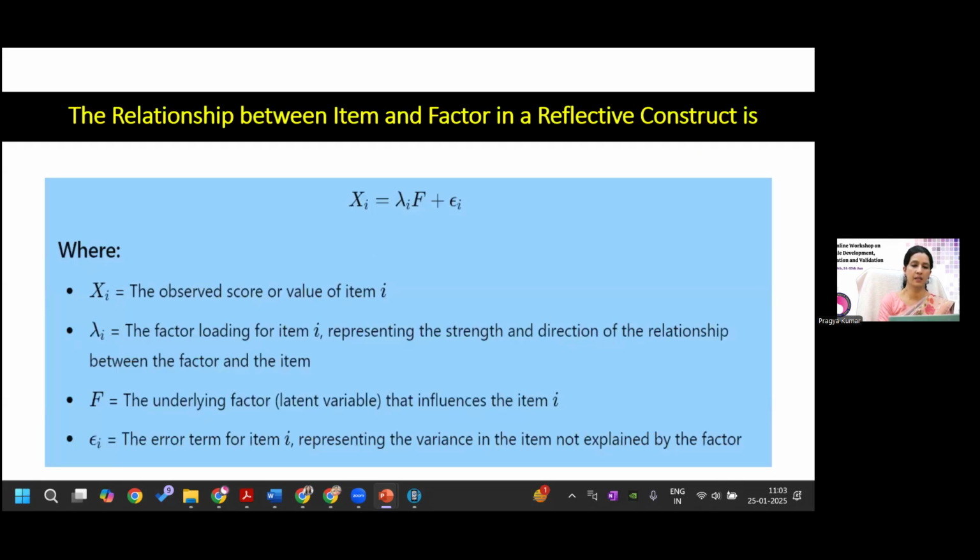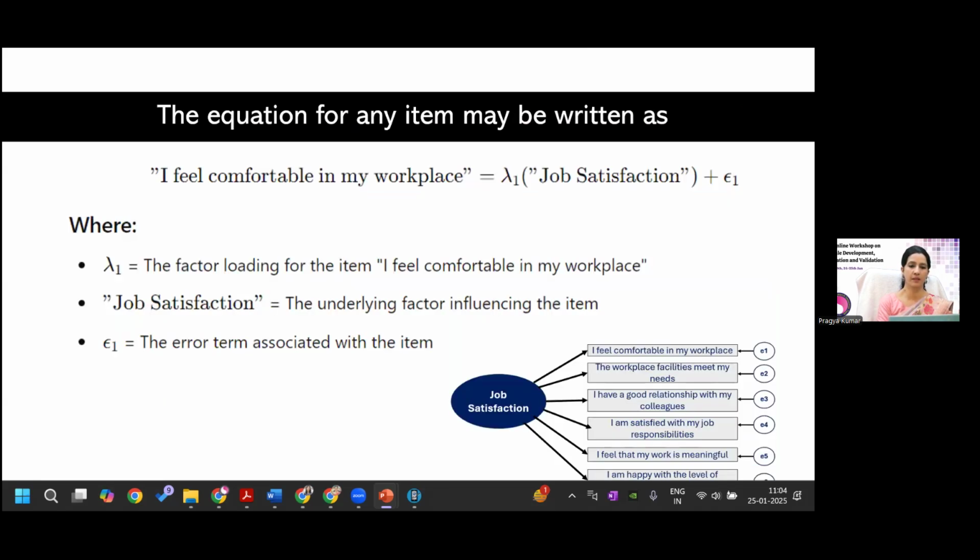The relationship between the item and factor in a reflective construct is through this loading, this lambda, which we saw yesterday, in both confirmatory and exploratory factor analysis.